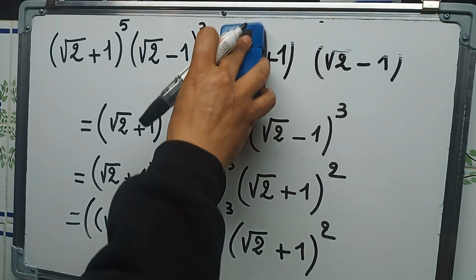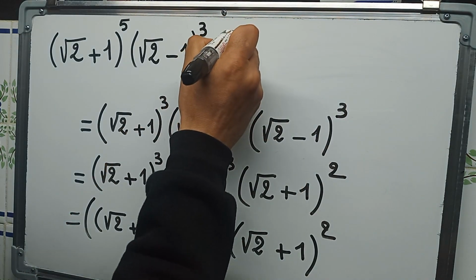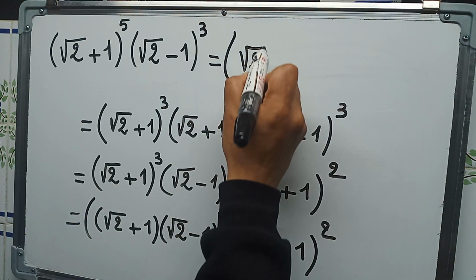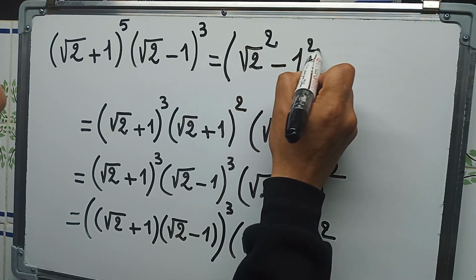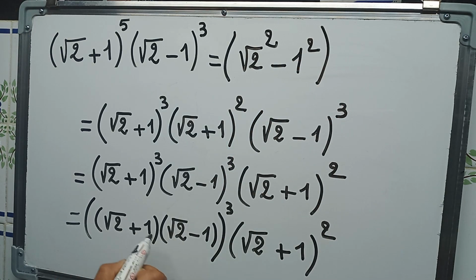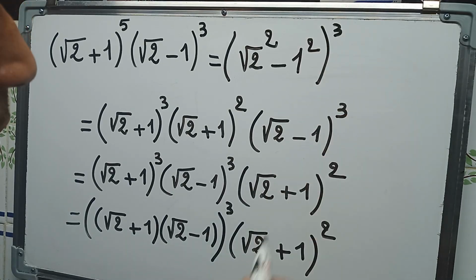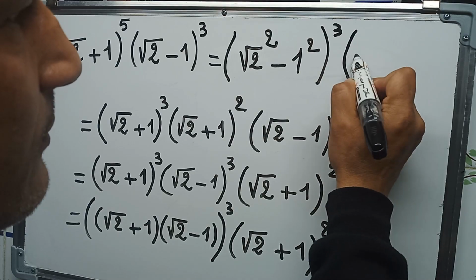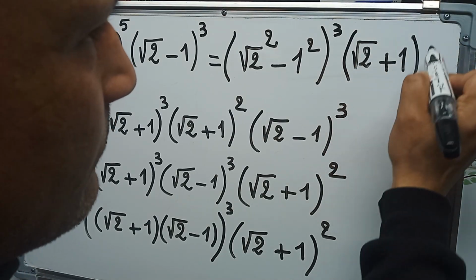So this number is equal to square root of 2 squared minus 1 squared, since a plus b times a minus b is equal to a squared minus b squared, cubed, times square root of 2 plus 1 squared.